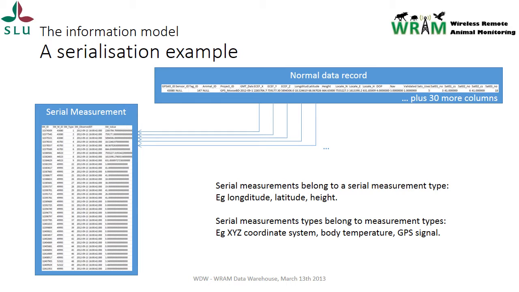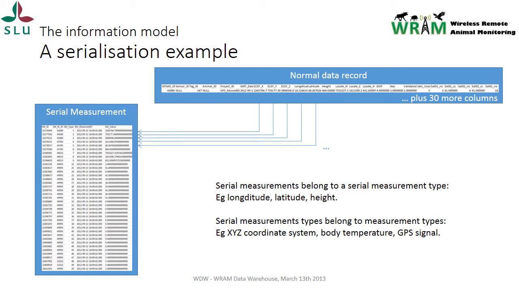Serialization means moving from shorter tables with many columns to narrow tables with many rows. In the example, a GPS data record with many columns has its numeric measurements transferred to individual rows in the numeric serial measurement table. This design means new measurement types can be added easily without the overhead of constant table design changes.